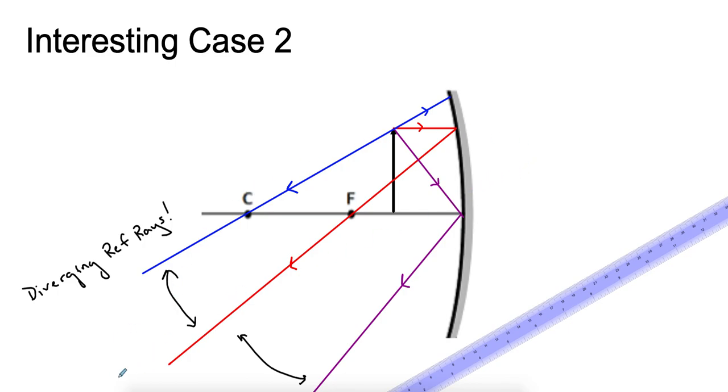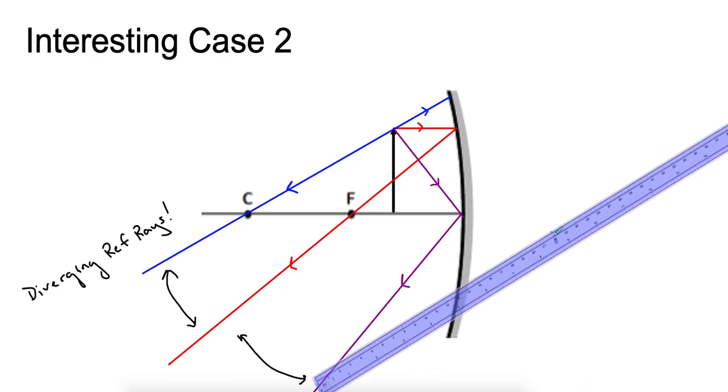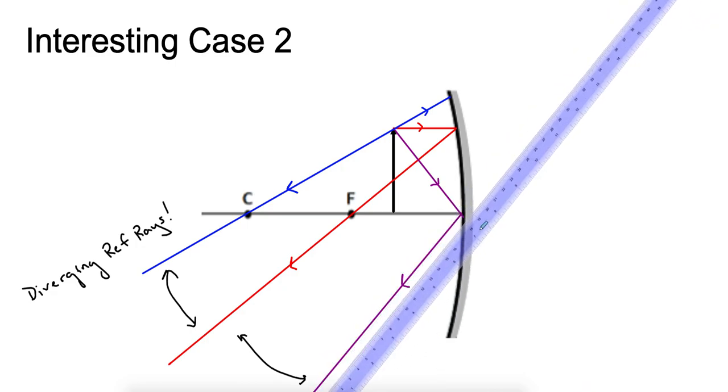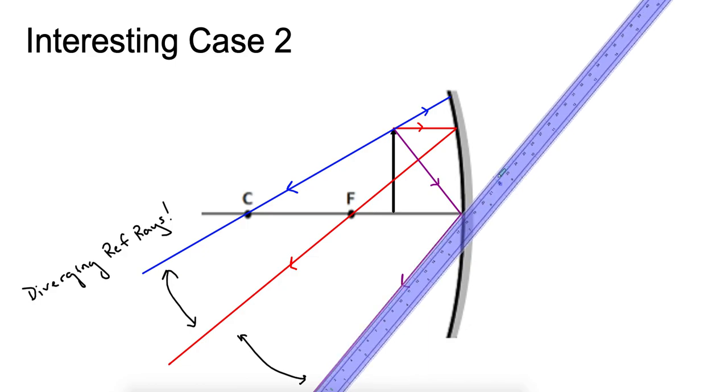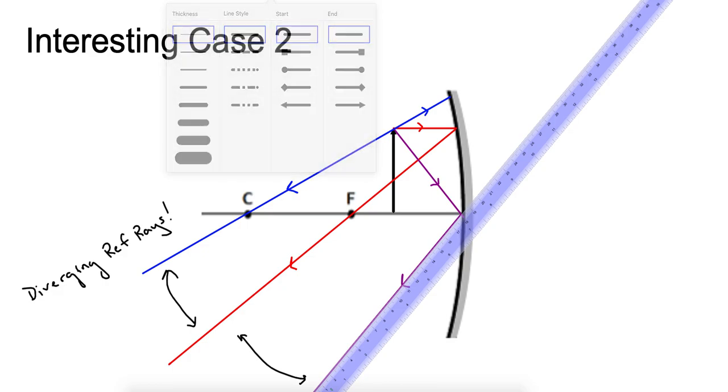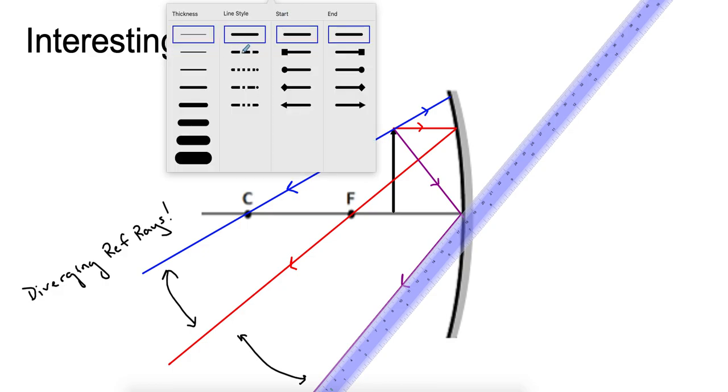Because remember, if you're standing over here, it'll look like the light is coming from inside this mirror, which again, we know is not true. However, we can visualize where this is coming from if we use our ray extensions.